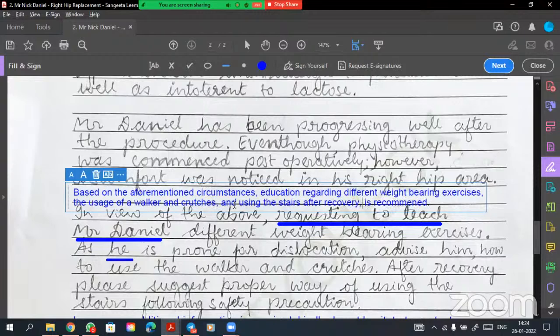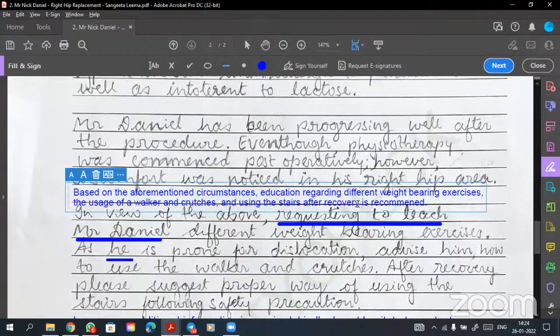You can say like this. Is recommended. Education. Education regarding different weight bearing exercises, comma, the usage of a walker and crutches, and using the stairs after recovery is recommended.